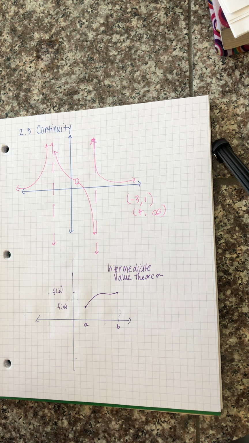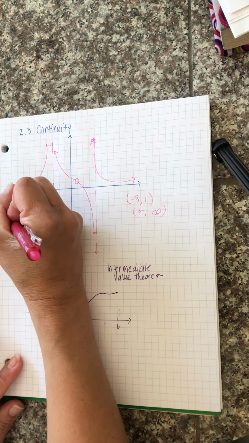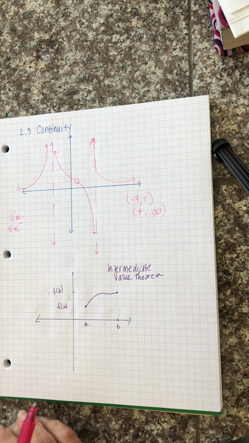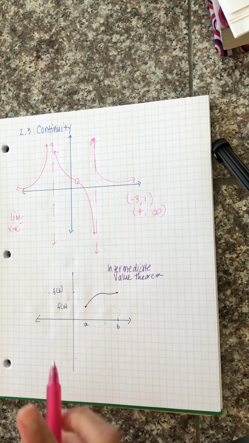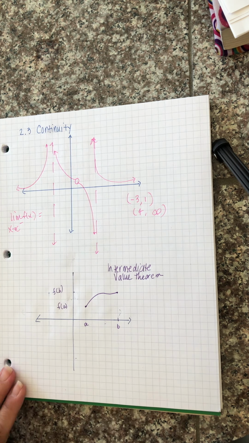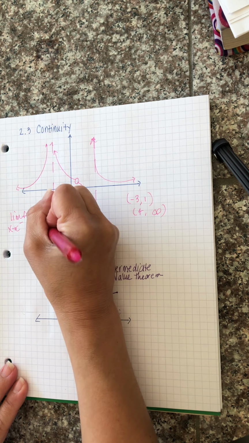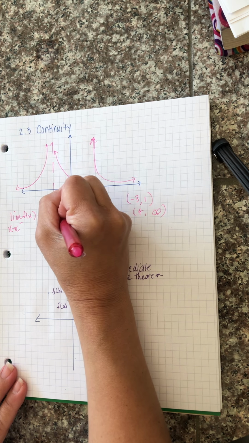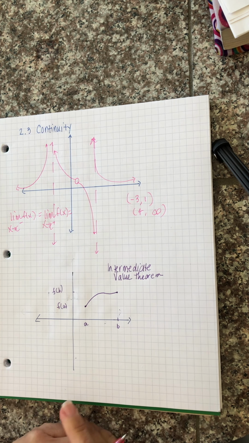In order to be a continuous function, or to be continuous over an interval, the limit as x approaches some constant from the left of the function must be equal to the limit as x approaches that constant from the right. Now remember, the left-hand limit can exist and the right-hand limit can exist, but they're not necessarily the same.